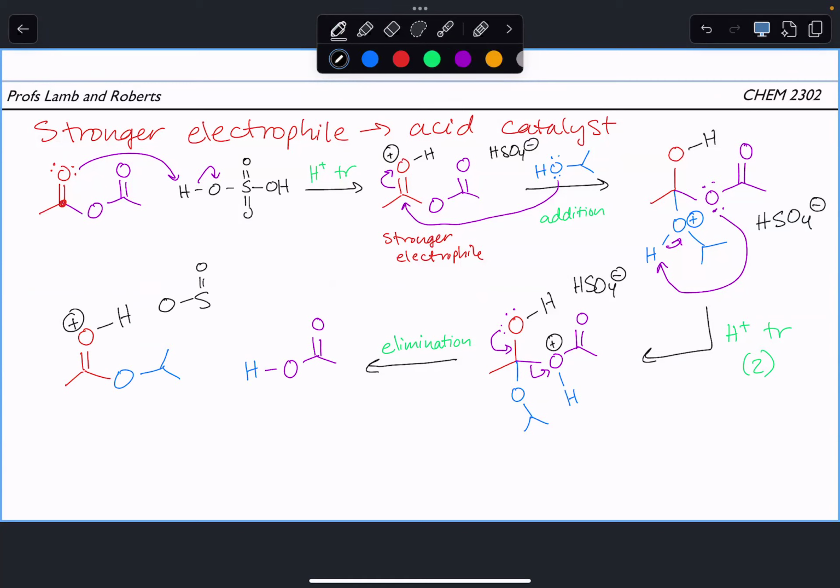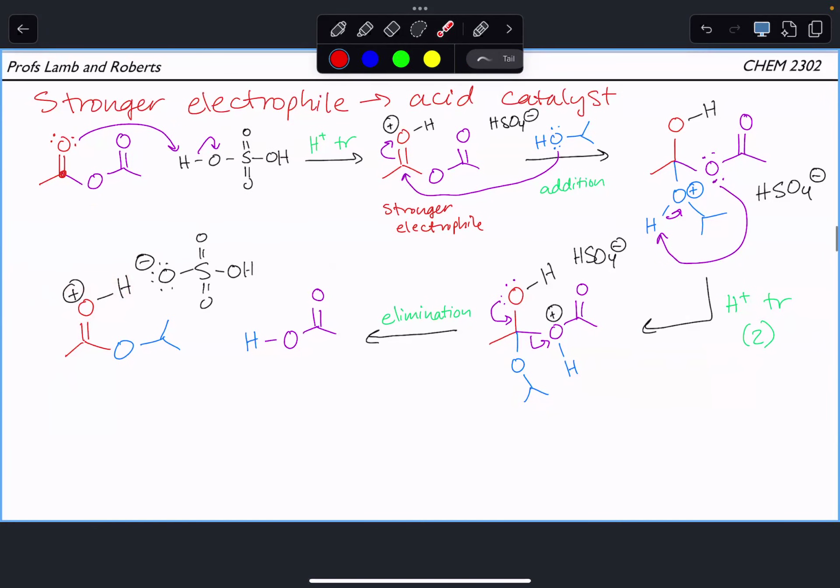Right? So we did our collapse. We still have this extra proton, right? Because we didn't want to have a negative charge over here, so we still have a proton on it.